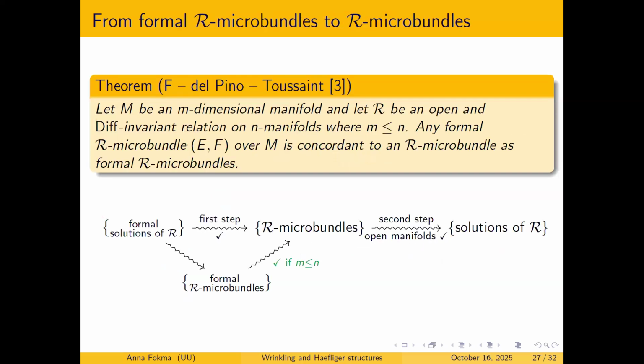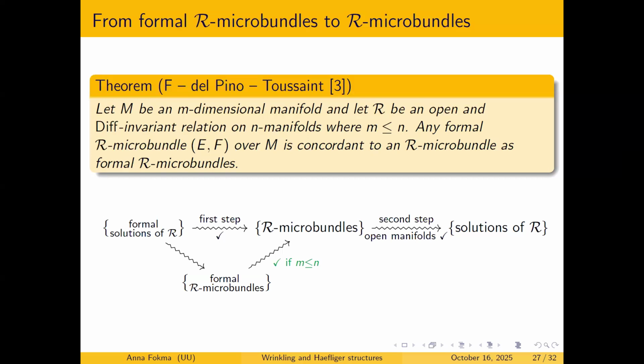Okay, now, the second result states that this diagonal map is also possible, but here we see that the dimensions of the fiber and base become important. So what does this theorem tell us?